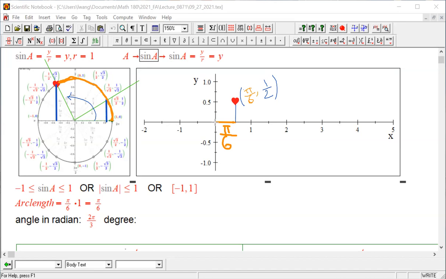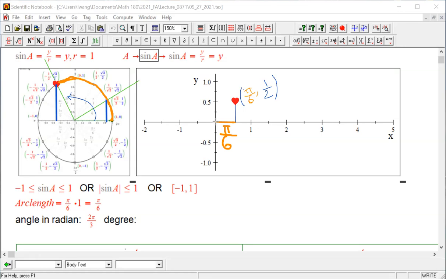2 times 3.14 divided by 3. What is the numerical value? Can someone type that in the chat? I can get it from my software, it's just I have to clean up a bunch of things. Professor, I got 2.094. 2.094, there, thank you.